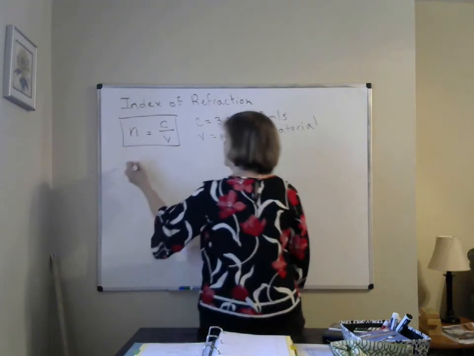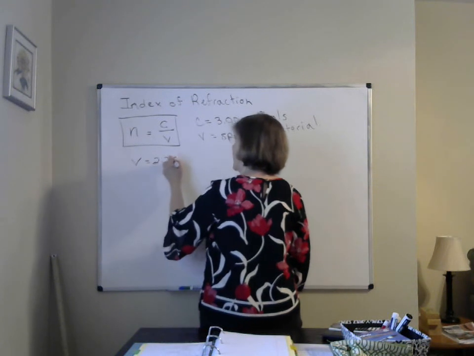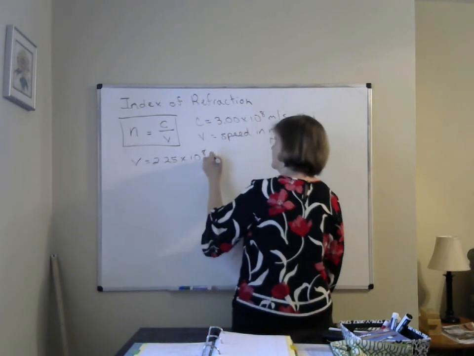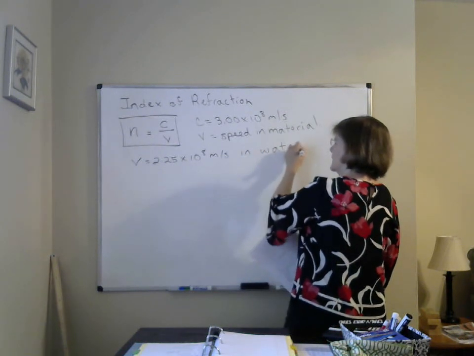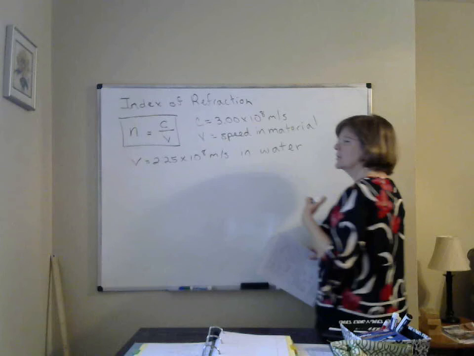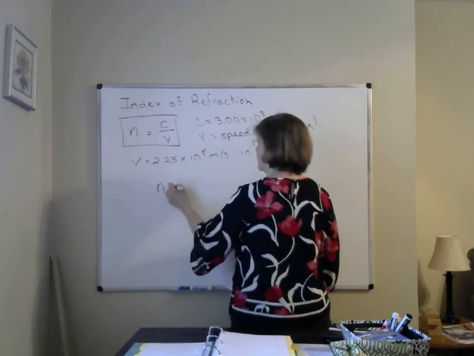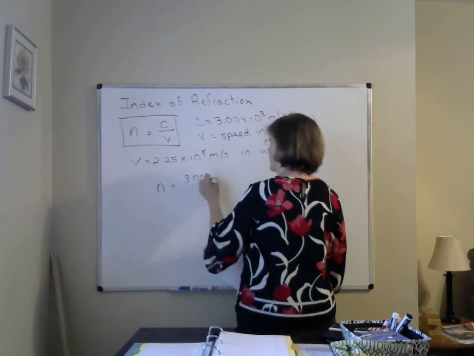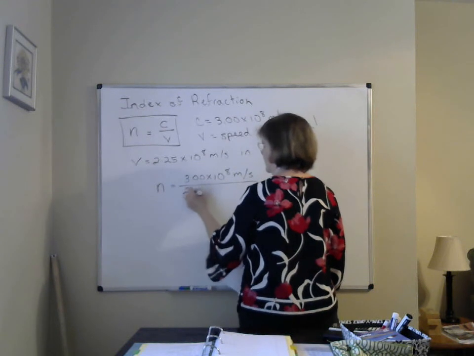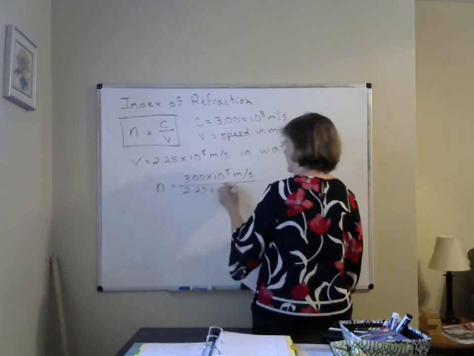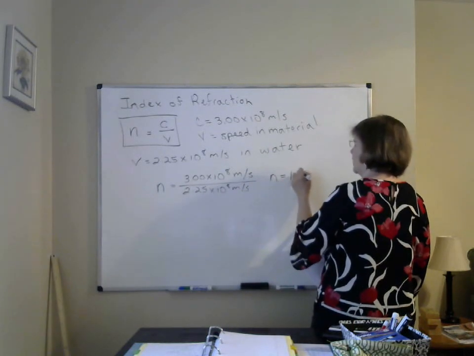For example, v is equal to 2.25 times 10 to the 8th meters per second in water. Light always travels slower when it moves into a medium, so the index of refraction for water is going to come out to be 1.33.